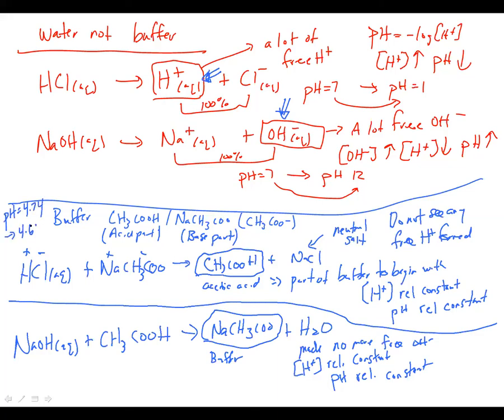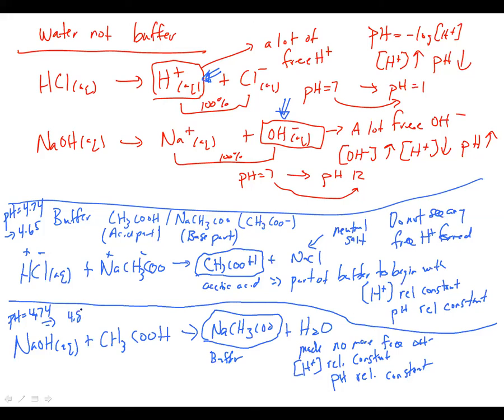A very small change in pH, not a drastic change like we would see above. Same thing here, if you started at 4.74, which is about where this would start, maybe it goes to 4.8 or something like that. But you won't see a very drastic jump in the pH.